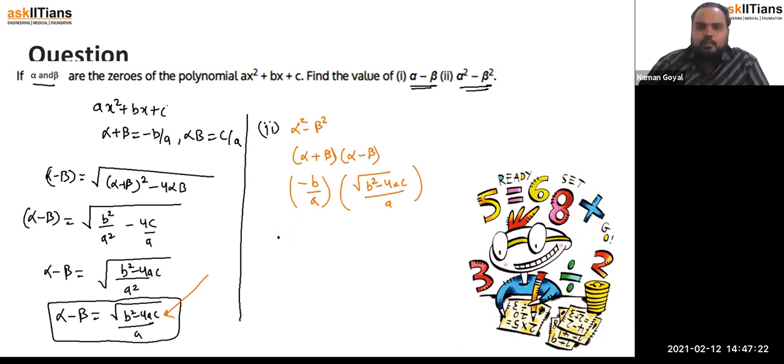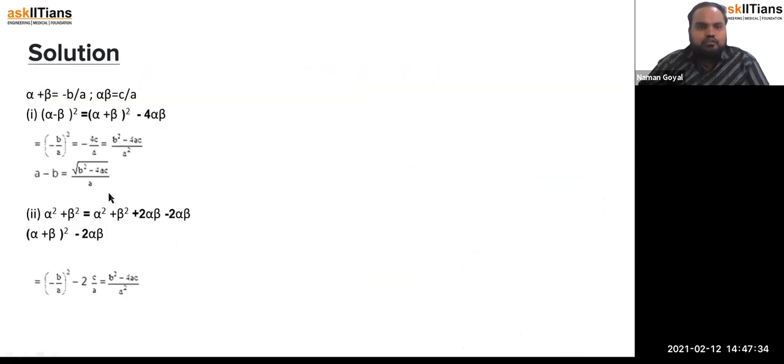Are you getting my point? So it will be minus b upon a times the square root of b square minus 4ac is the required answer. Got it? Now if you see, we will get the same answer. If you see here, this is alpha minus beta whole square and we have written it as this. So alpha minus beta, we got this.